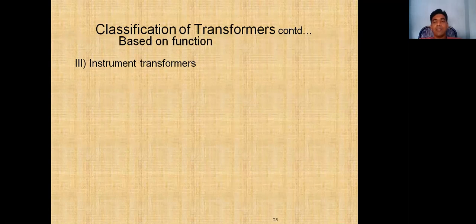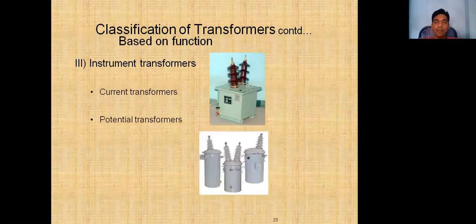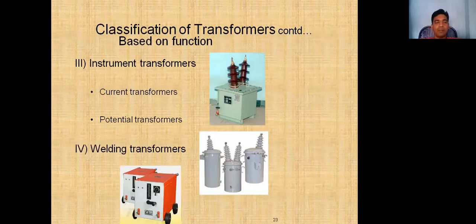Based on function, they are also classified as instrument transformers. There are current transformers and potential transformers. Current transformers are used to measure the current. Potential transformers are used to measure the voltage.